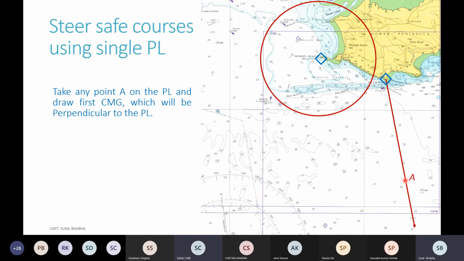Let's pick up this particular point here and we name that point as A. Now from this point A, we are going to draw our first course made good. The first course made good which we require, that we are going to plot from this point A, which we have arbitrarily picked up. This could be any point on the initial PL of your choice.